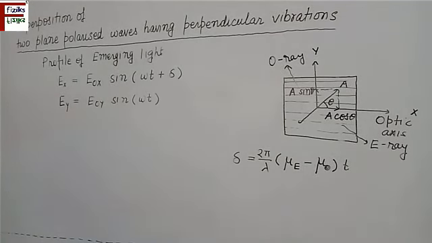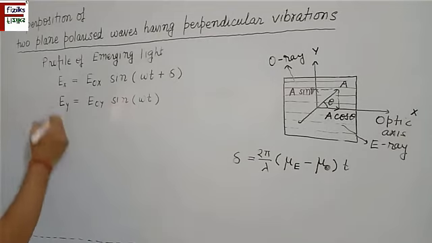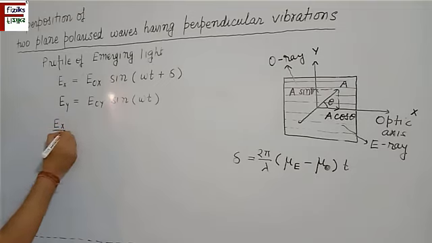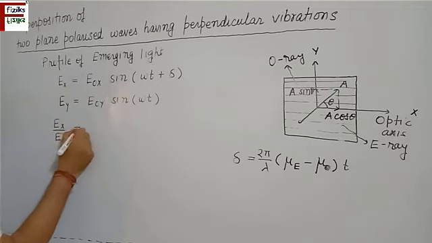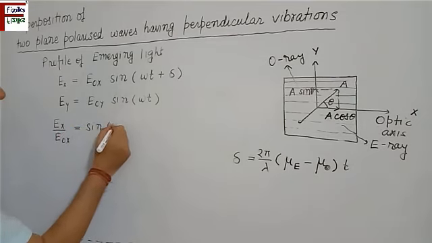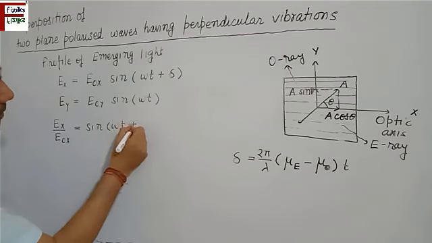Now I can write these two equations as Ex upon E naught x equal to sine (omega t plus delta).